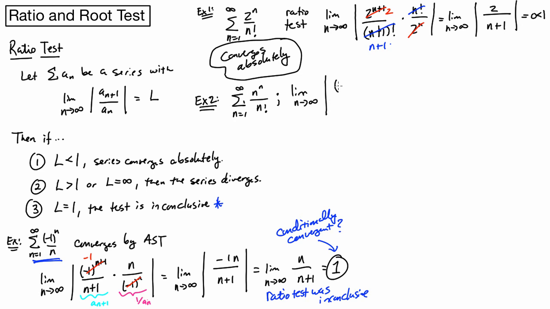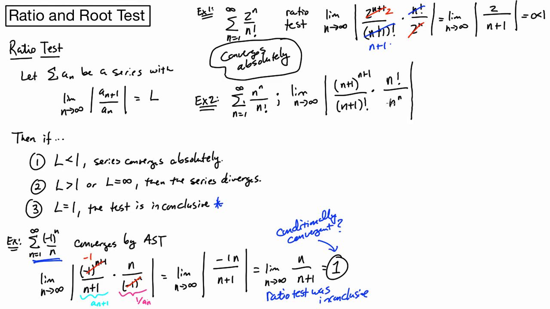Here is a little tricky. The n plus 1 term is, everywhere I see an n, I've got to change it to an n plus 1. So this is n plus 1 to the n plus 1 divided by n plus 1 factorial. So this is a sub n plus 1 times 1 over a sub n. So the reciprocal of this is n factorial over n to the n.